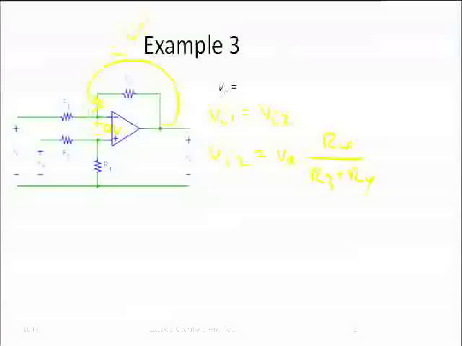Right? Okay, you have a question? Yeah, I don't get why Vi1. Well, if we have negative feedback, then we have this voltage. We can always define a voltage at the input between the two inputs of an operational amplifier, and we call that Vx, right?